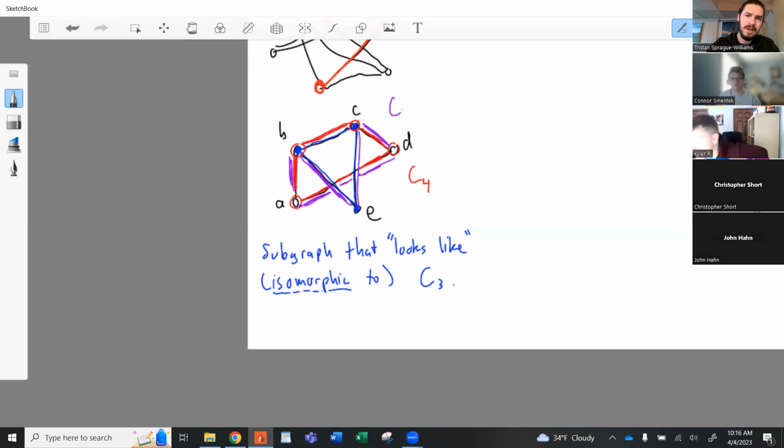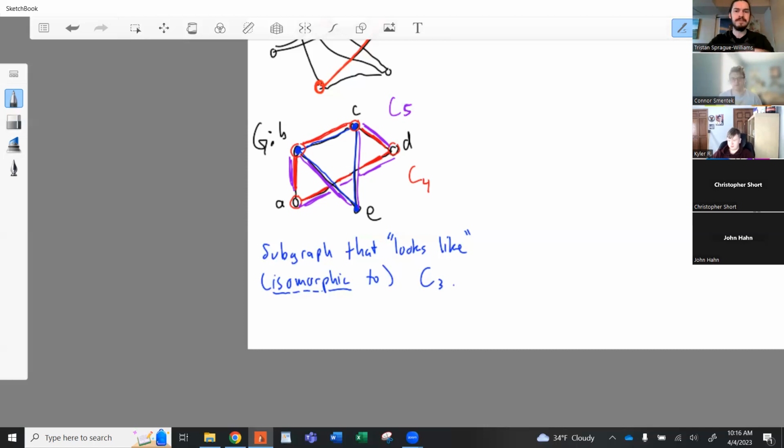That would be a subgraph that looks like C5. So here is an example of a graph called G. And it itself isn't a cycle. It is not C3, nor is it C4, nor is it C5. But it contains subgraphs, not separate subgraphs, not totally distinct, because they use some of the same vertices. But it does contain subgraphs that look like C3, C4, and C5.